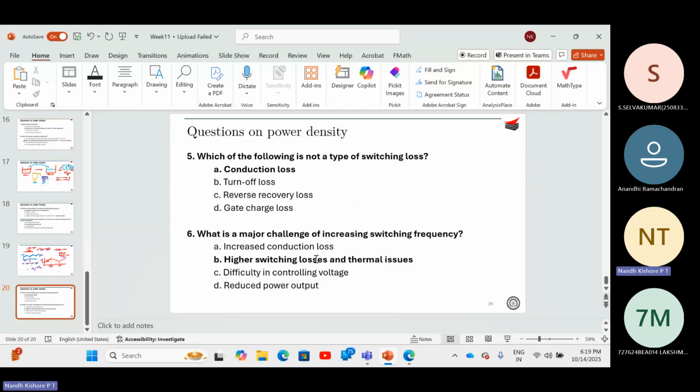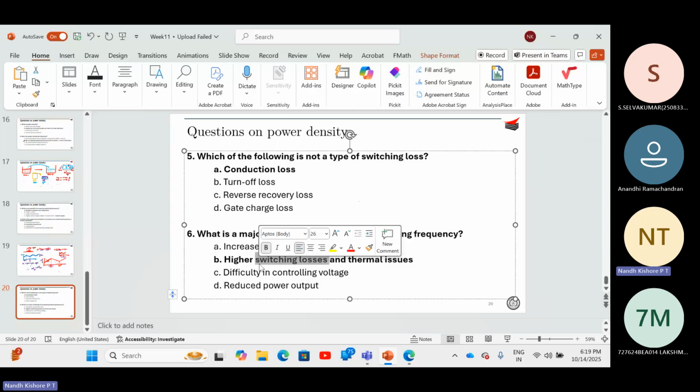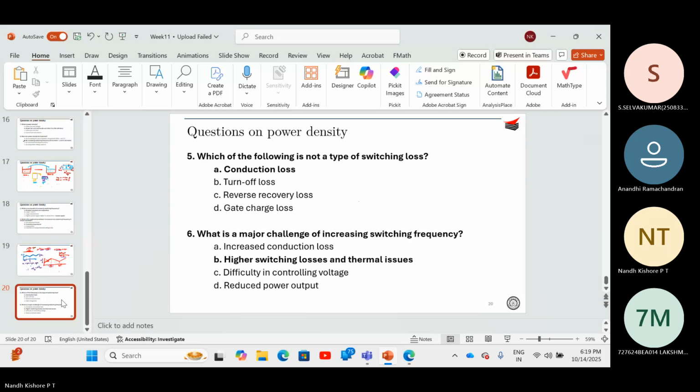If your losses increase, then obviously the junction temperature of the die increases. Therefore, you will face thermal issues. So the answer is B, correct. Can I move ahead to the next question? Yes, sir.